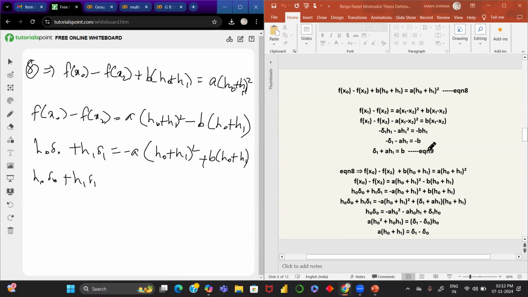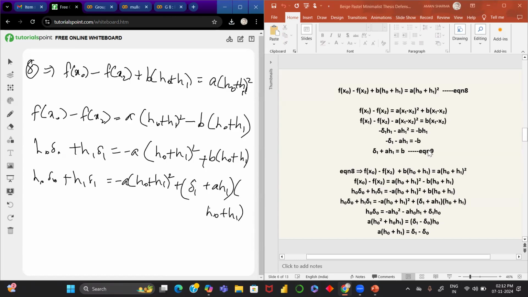Then x naught delta naught plus x1 delta 1 is equal to minus a into x naught plus x1 whole square plus, we have the equation 9, so we can write the value of b here, delta 1 plus a x1, into x naught plus x1.